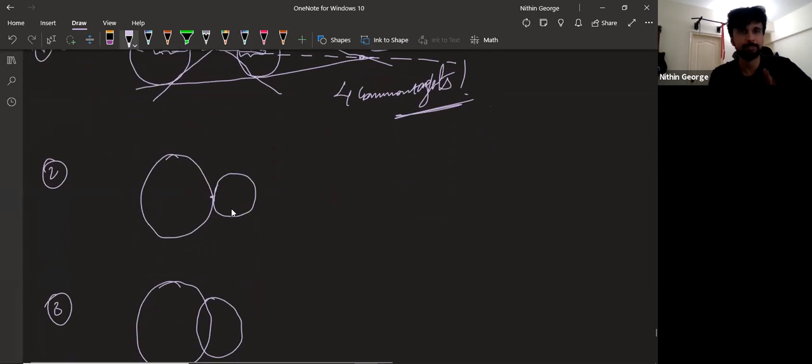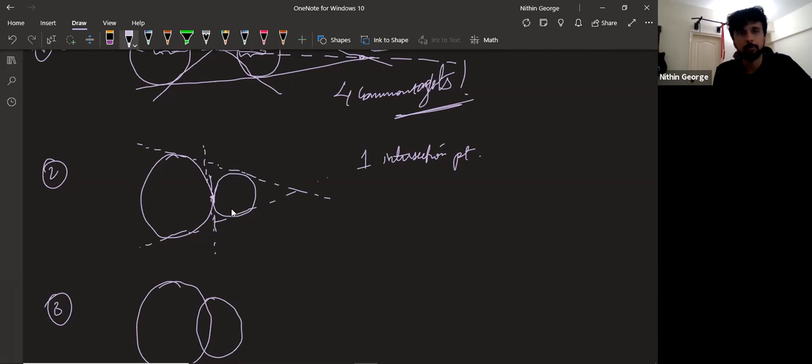Now, for the next case here, there is one intersection point. How many common tangents can you draw? 1, 2, and a tangent through the point of intersection, right?